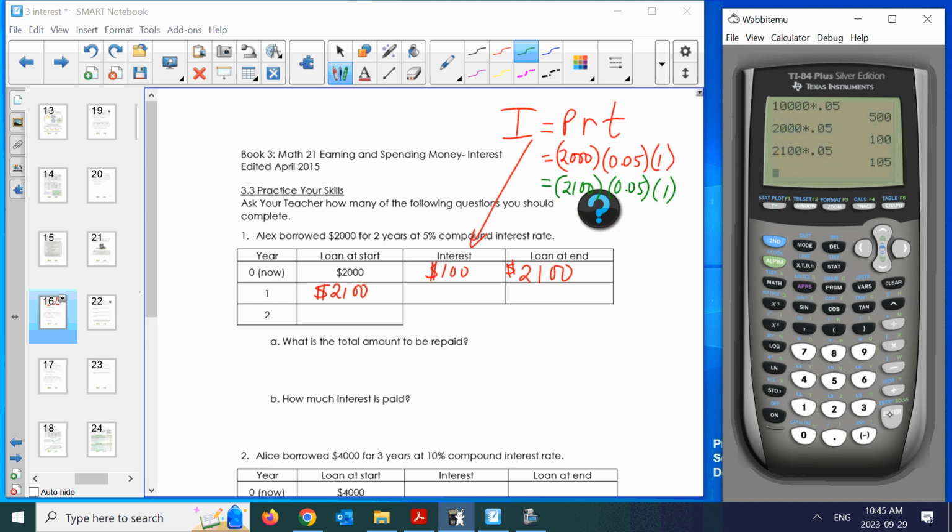He owes more interest the next year. So that's $205 added again. That's what he owes. He owes an extra $205 with that compound interest. That's the amount.